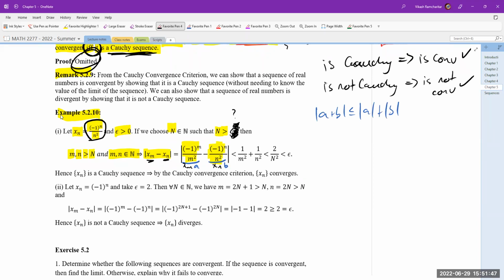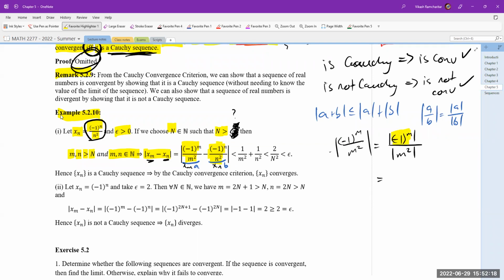And notice, for example, the modulus of (-1)^m over m squared is equal to, I'll put the next rule here, the modulus of A over B is equal to the modulus of A divided by the modulus of B. So that's equal to the modulus of (-1)^m over the modulus of m squared. What is the modulus of (-1)^m?